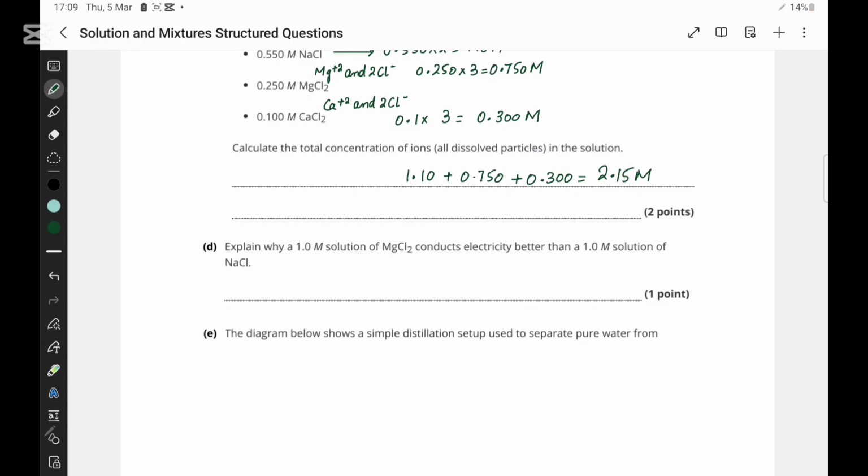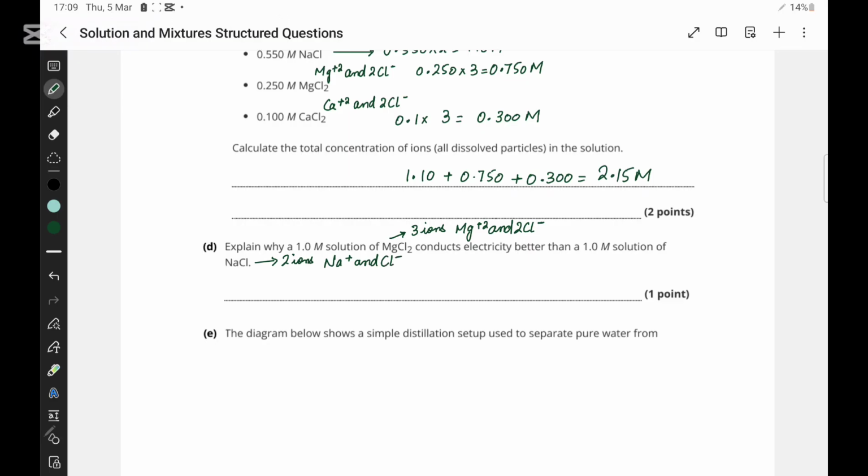Now explain why a 1 molar solution of MgCl2 conducts electricity better than 1 molar solution of NaCl. So we can see MgCl2 contains 3 ions, as it contains Mg plus 2 and 2 chloride ions, and NaCl contains only 2 ions because it contains only Na plus and Cl minus.